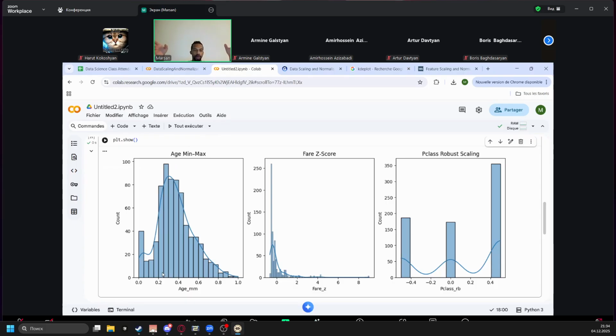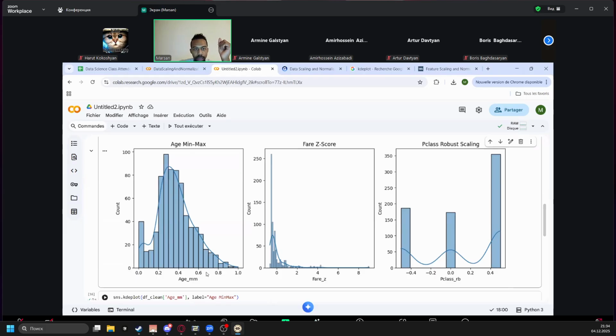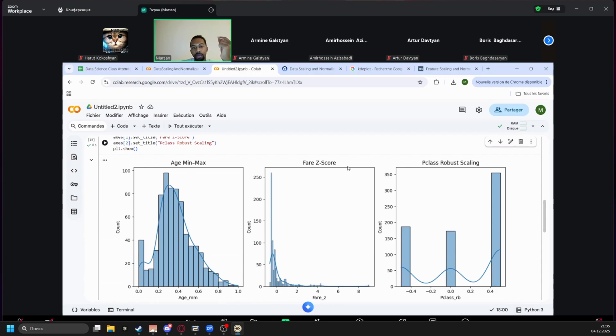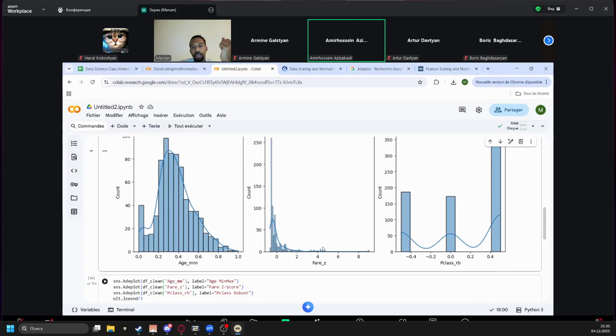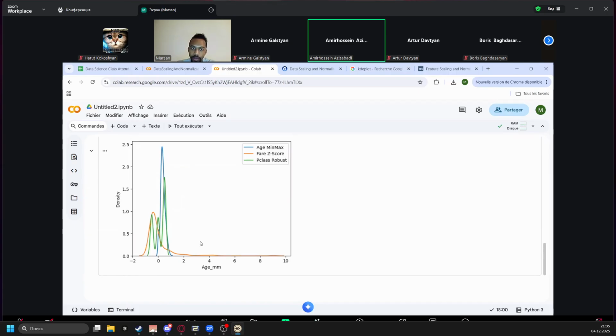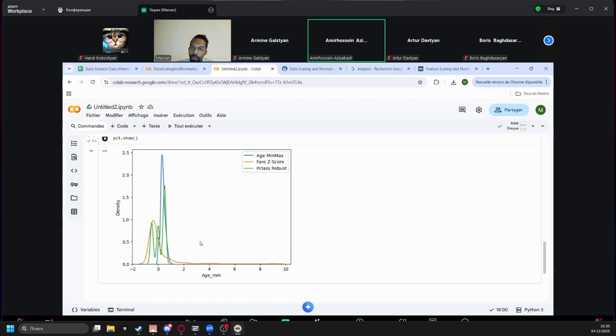By now, all the ages correspond to values between 0 and 1. And then for the fair z-score, if we had analyzed the fair column, we could see some outliers, and this is why we have the bell curve.